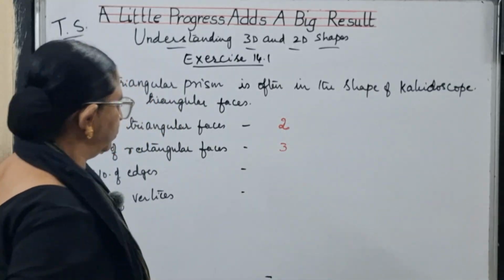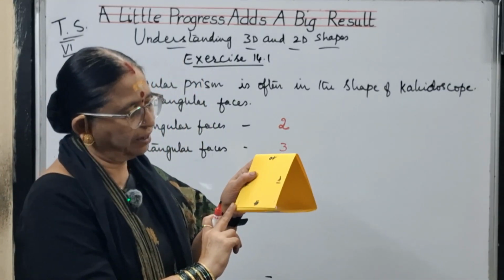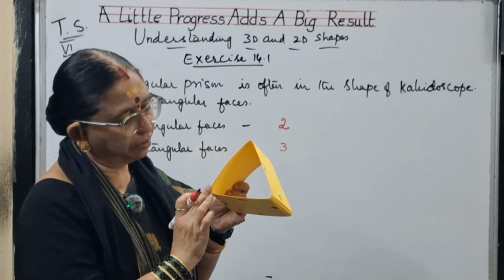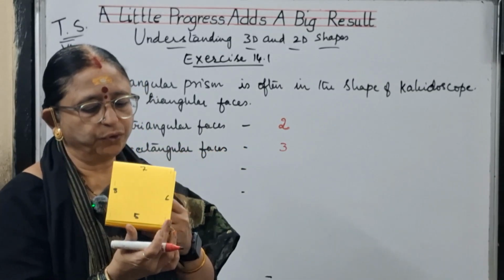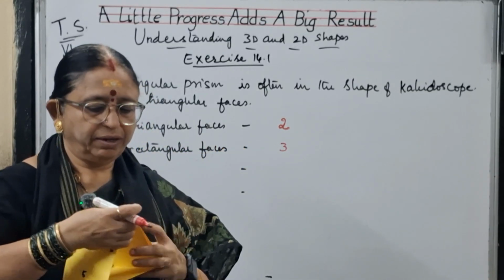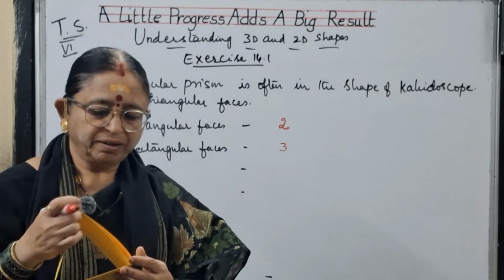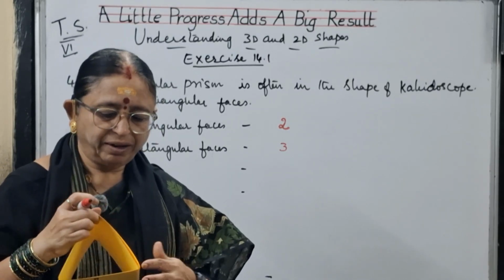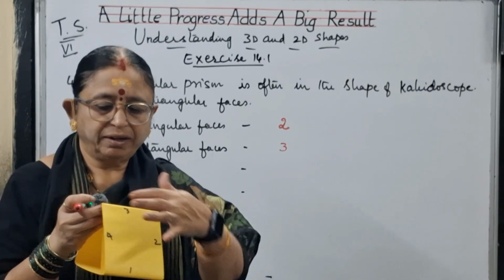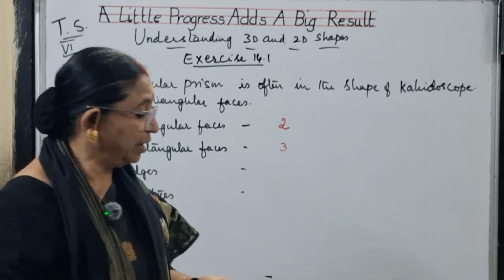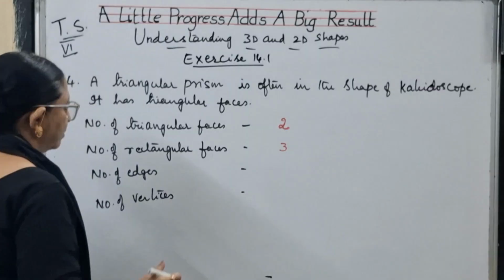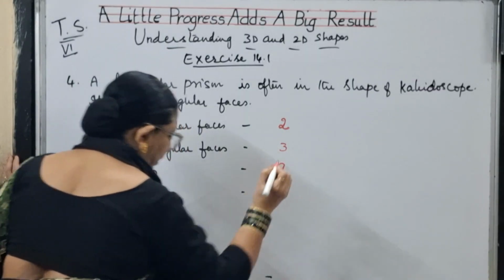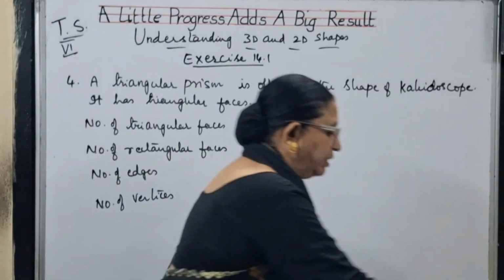Now, number of edges. Edges means this. See, from here, if I count 1, 2, 3, 4, 5, 6, 7, 8, 9. Totally 9 edges are there here. So we'll be writing it as 9. Now the next one is the number of vertices.